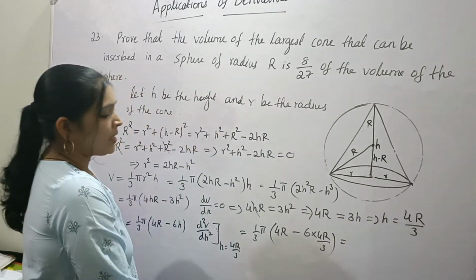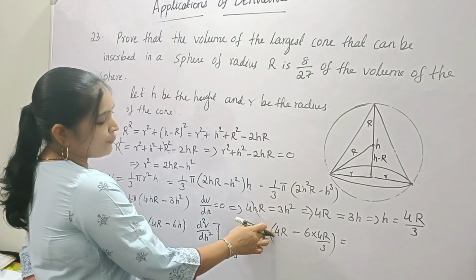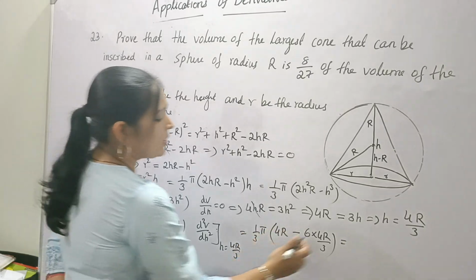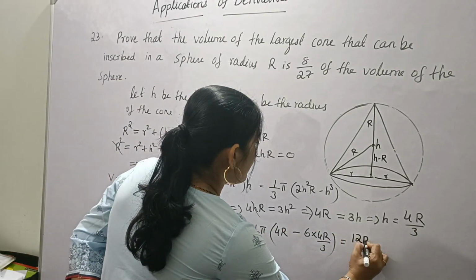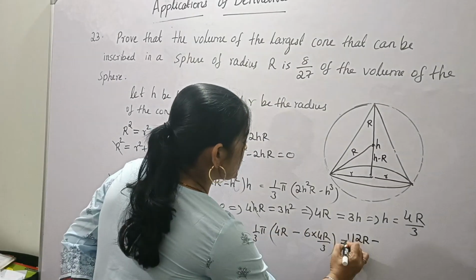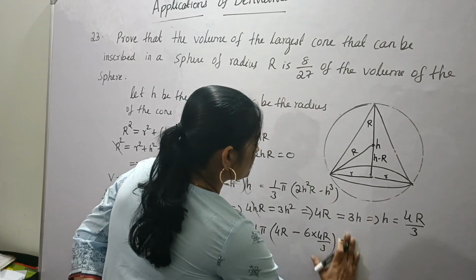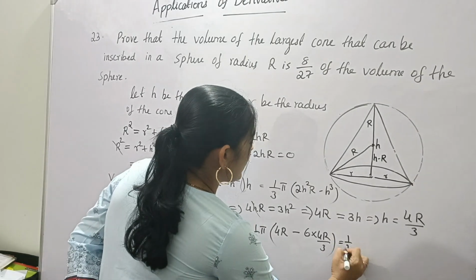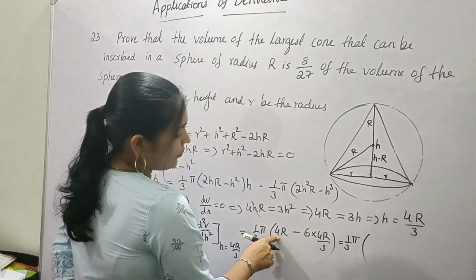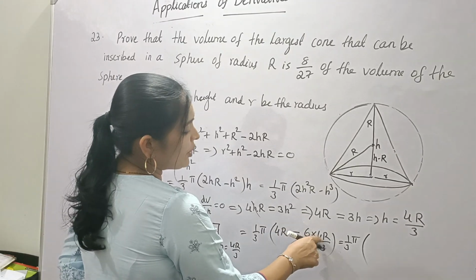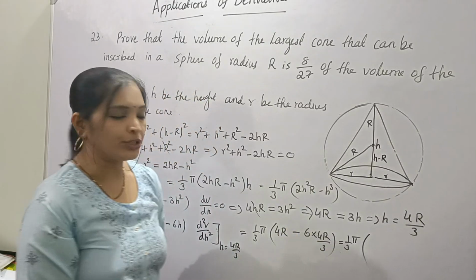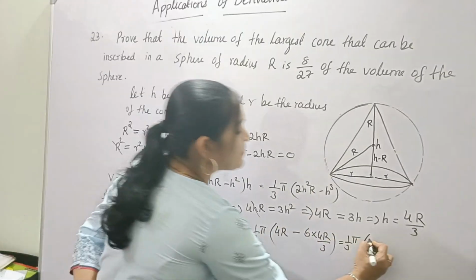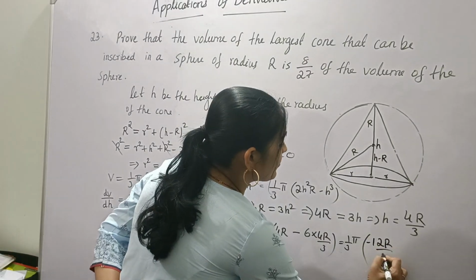Here 3 into 4 is 12, so 1 by 3 pi into (12r minus 24r), 6 into 4 is 24r, that is minus 12r divided by 3.